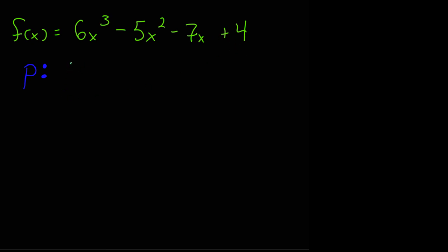Well, 4 can be 1 times 4 or 2 times itself. But it's a positive 4, so I could have negative 1 times negative 4, negative 2 times negative 2, or I could have the positives. So the possible factors for 4 are 1, 2, and 4, with their plus and minuses. I don't know the sign, and there's very little information telling me the sign right now. We'll find more sign information as we continue on.